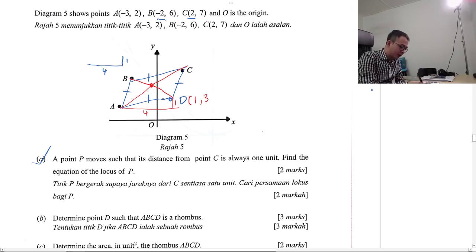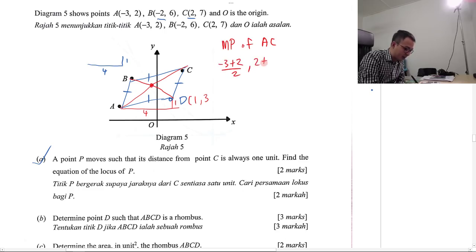Alright, so I will find the midpoint of AC first. A plus C, so negative 3 plus 2 over 2, comma, 2 plus 7 over 2. Therefore the midpoint should be negative 1 over 2 and 9 over 2.